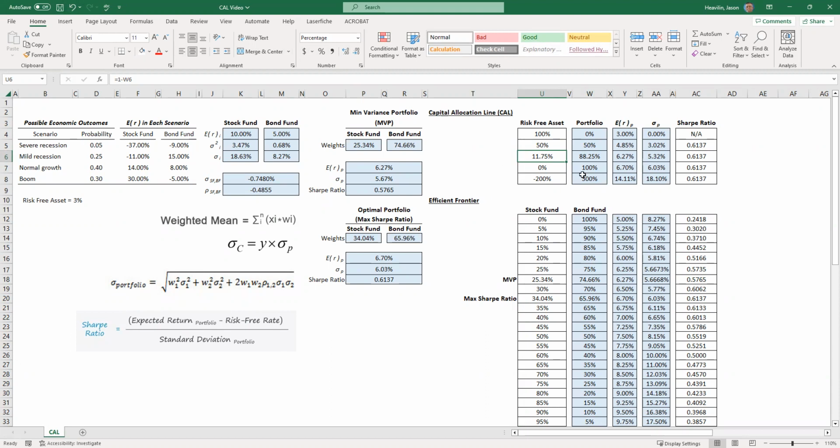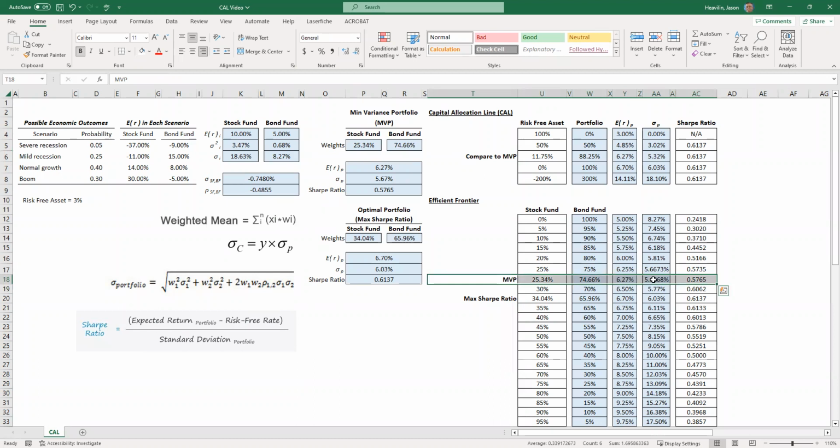Why did we do this? What we're doing here is we compare to MVP. The point is that this return of 6.27% is the same as this return of 6.27%.